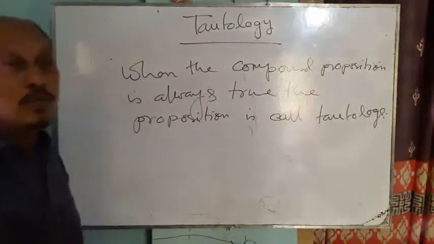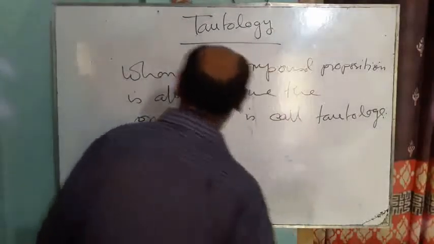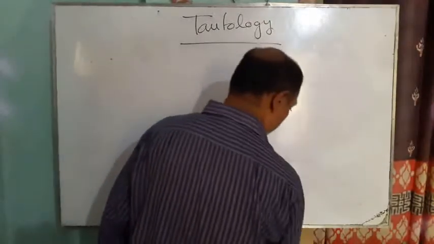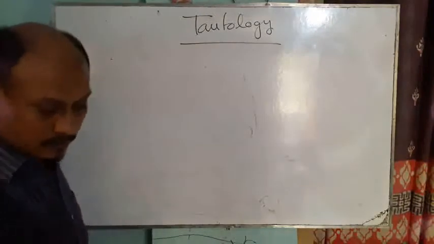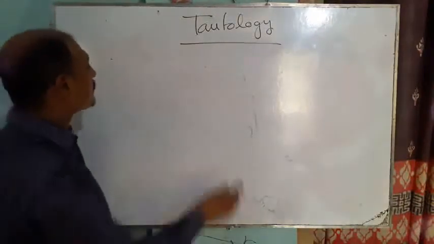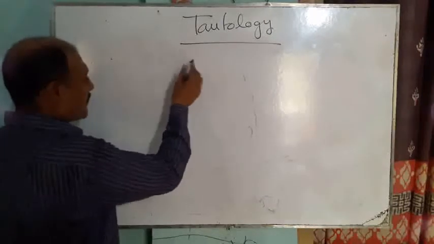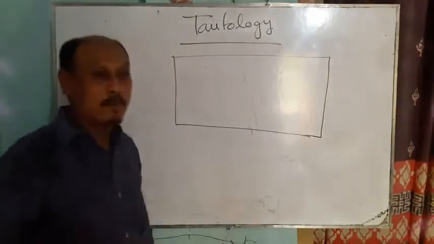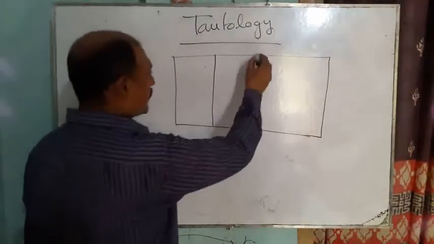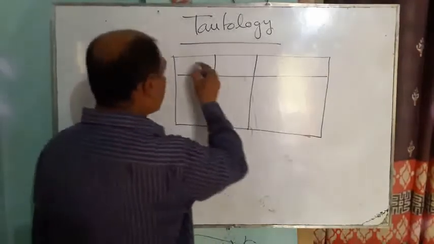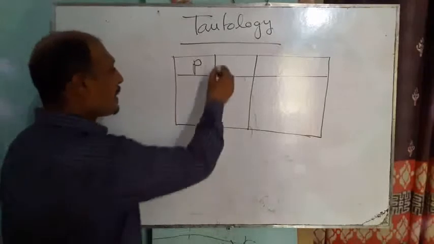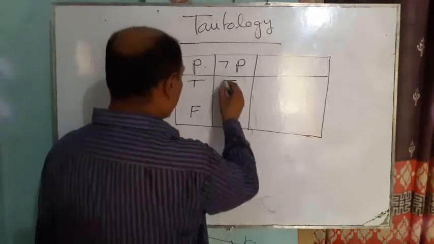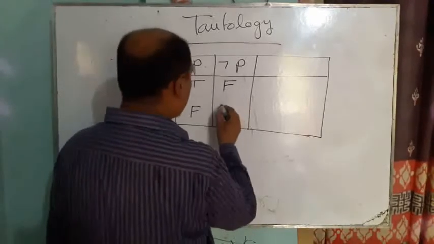Now we will know the truth table of tautology. Let P be the proposition. Negative P: true, false; false, true.